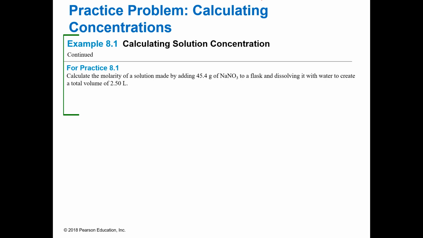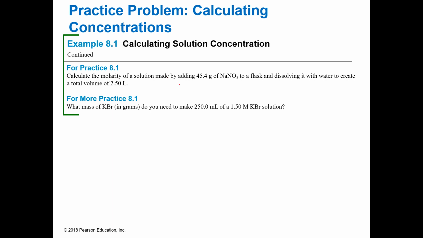So what's the first thing we need to do here? We need to find out how many moles of sodium nitrate we have when we have 45.4 grams of it. So what are we going to do? We're going to take the molar mass of sodium nitrate. That's going to be our first step.